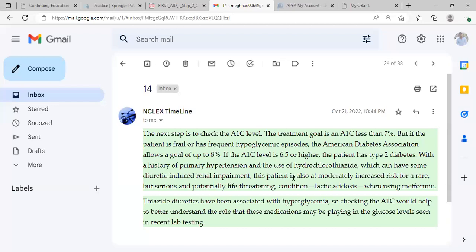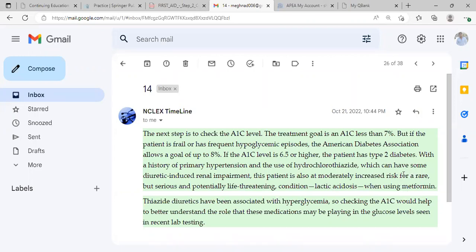And this patient is also at moderately increased risk for a very uncommon but serious and potentially life-threatening condition like lactic acidosis when using metformin.